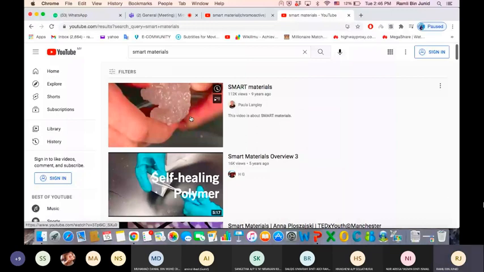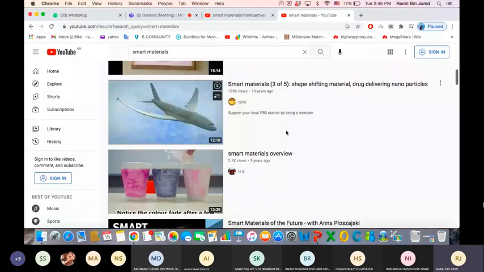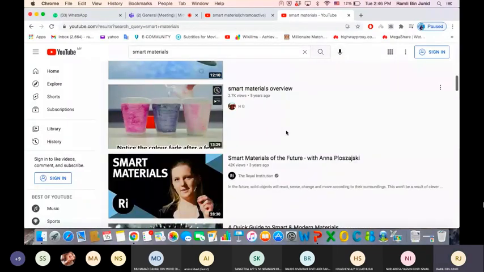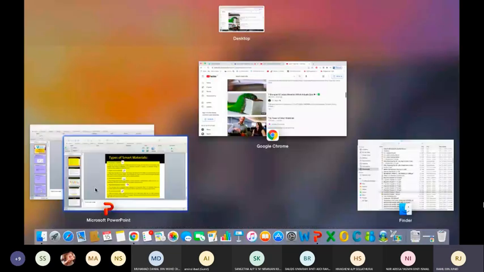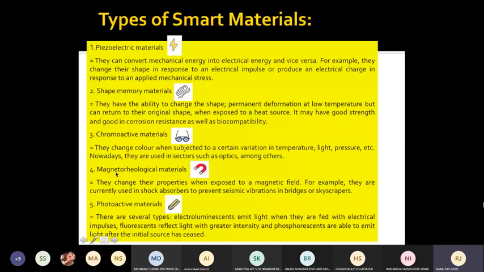Shape memory alloy. Shape memory alloy is alloy that can return to its original shape when subjected to heat. And this is chromoactive material. Okay, this is just an example. And then there are other things which are included as smart material.